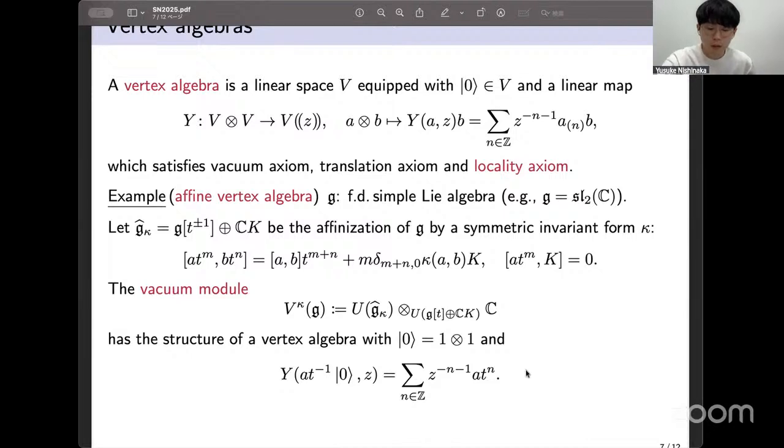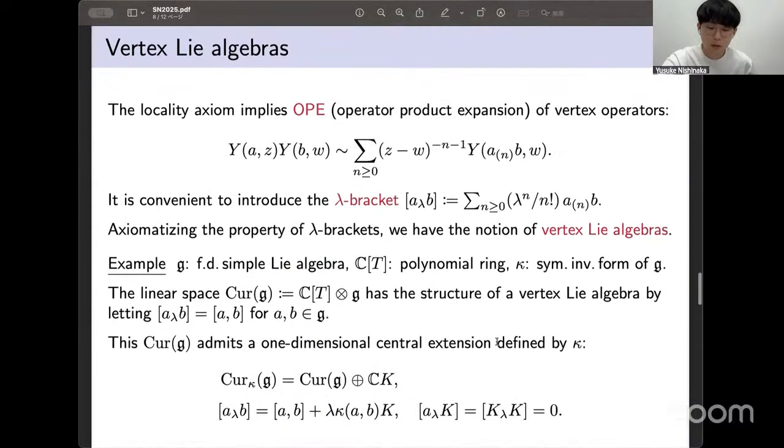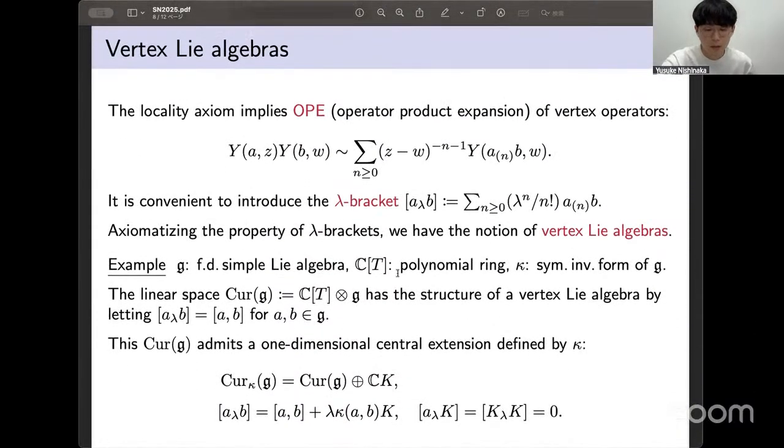This is what we call the affine vertex algebra. An important axiom of a vertex algebra is the locality axiom, which implies the OPE, or operator product expansion, of vertex operators. As you can see, to compute OPEs of vertex operators, it is convenient to introduce the lambda bracket.